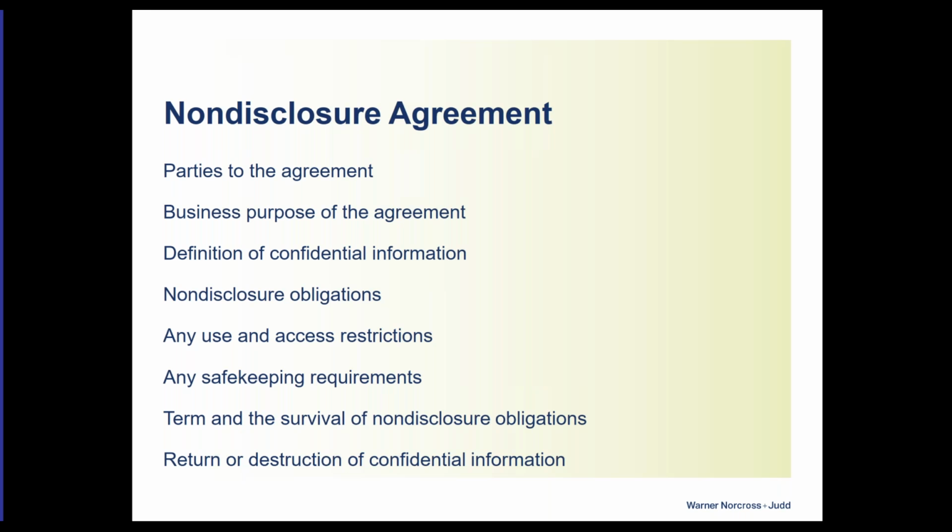Now, one interesting thing about non-disclosure agreements is, although the agreement for the non-disclosure can end, there should be provisions in there that there's survival of the non-disclosure obligations, especially as it relates to trade secrets, if those are part of the agreement. And there may also be provisions in the agreement relating to the return or destruction of confidential information.